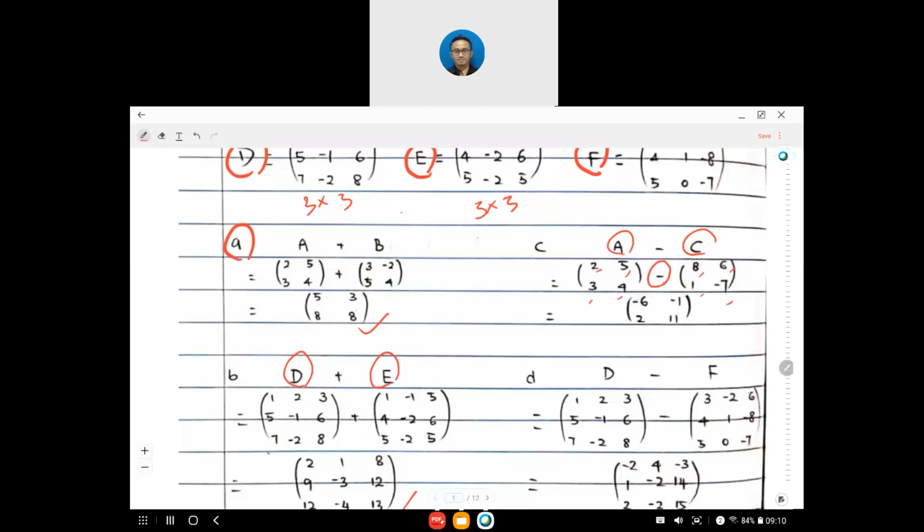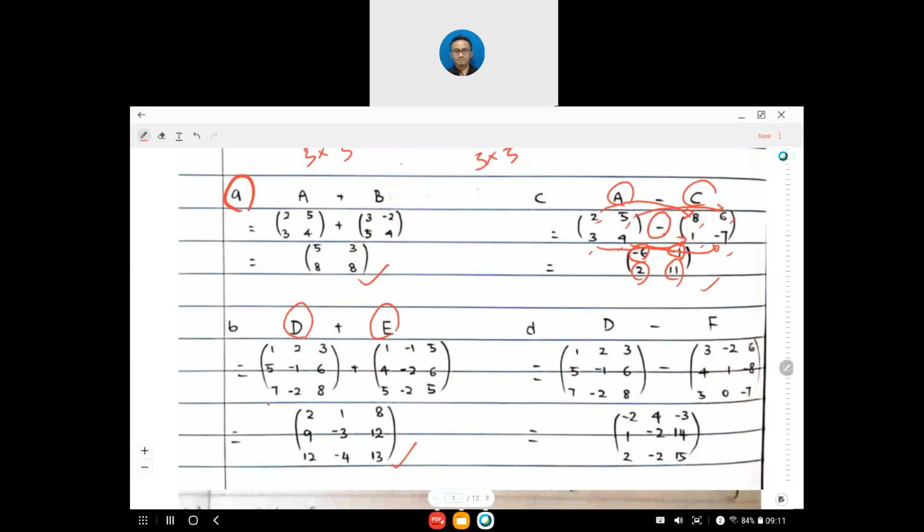So you find 2 minus 8, and then 5 minus 6, also the same for 3 minus 1 and then 4 minus negative 7. So your answer is negative 6, negative 1, 2, 11. That one is for C.